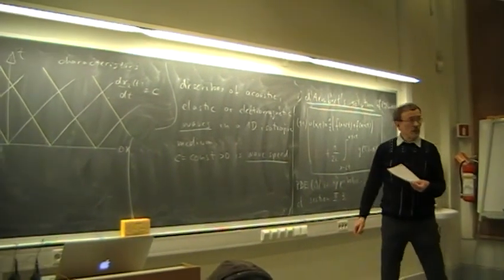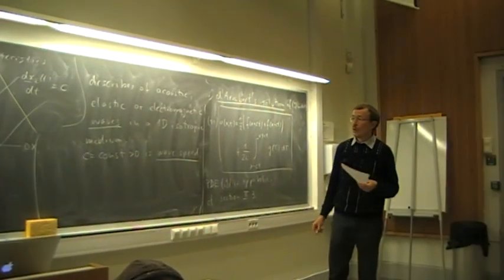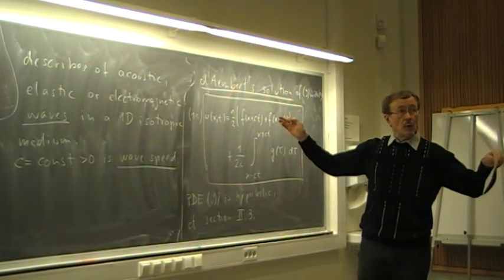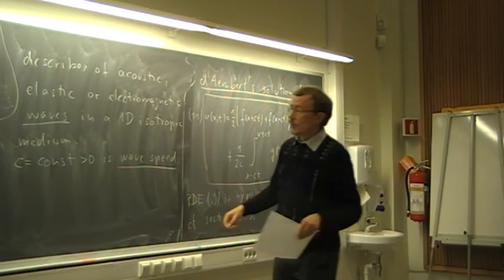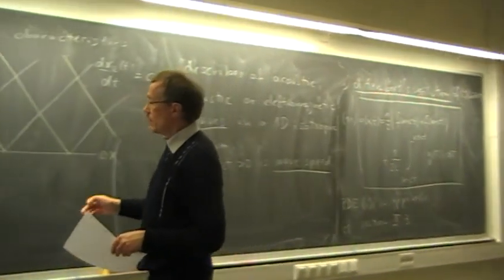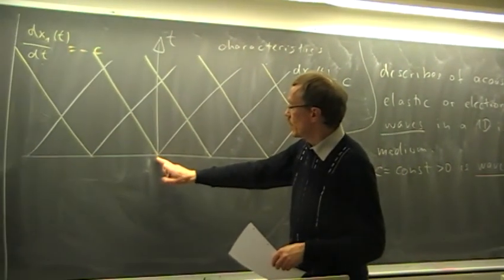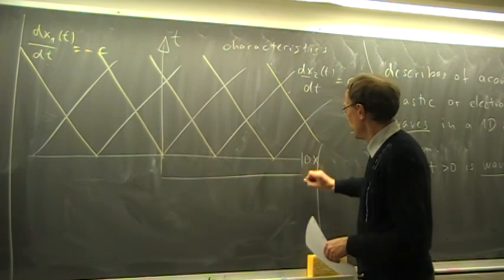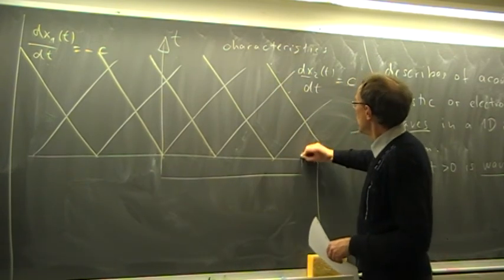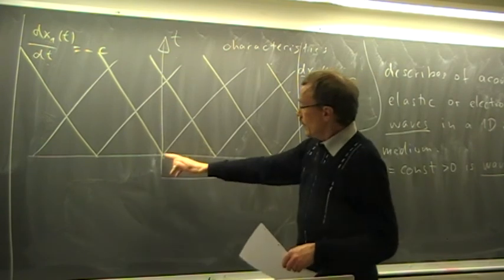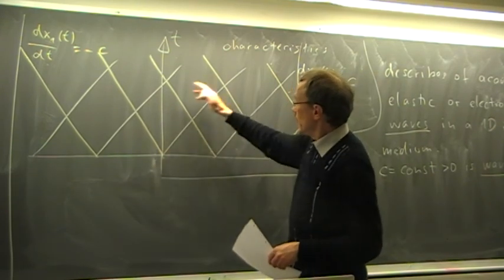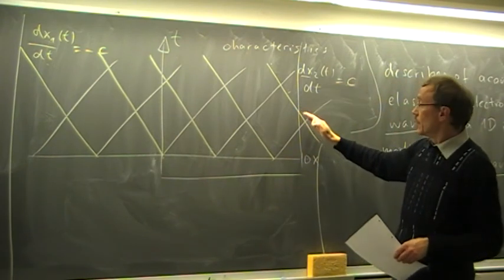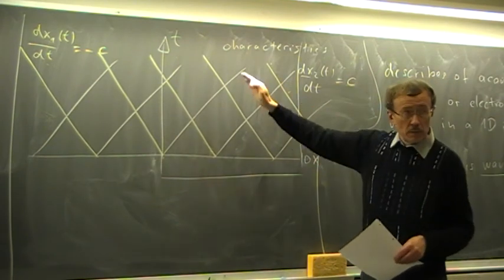You can imagine that when we have boundaries, we have to give boundary conditions on both sides. If this would be a boundary, and this here would be our domain, then we have to give boundary conditions for the waves entering here, and for the other class, entering from the right.